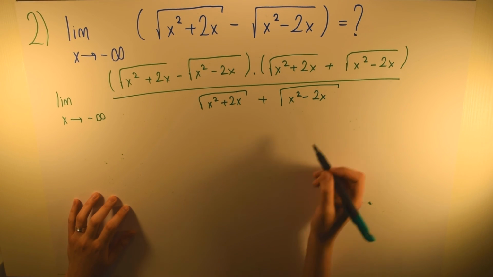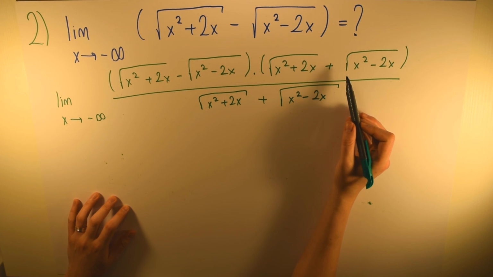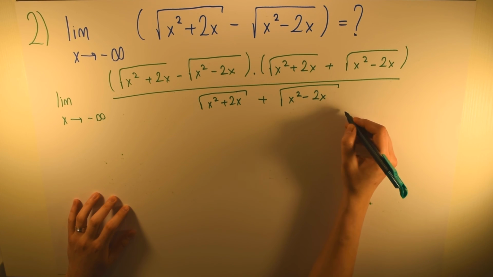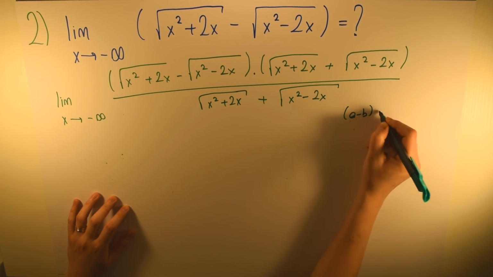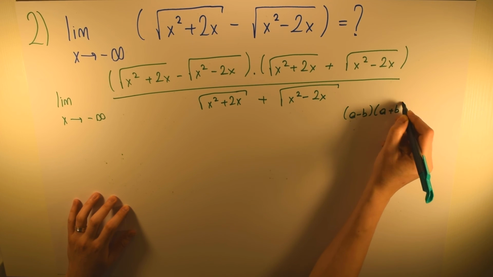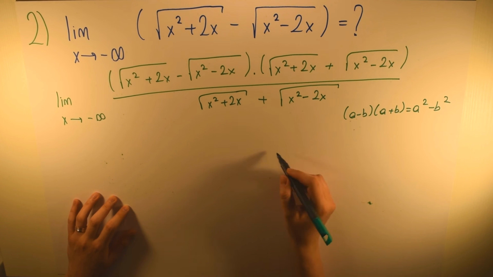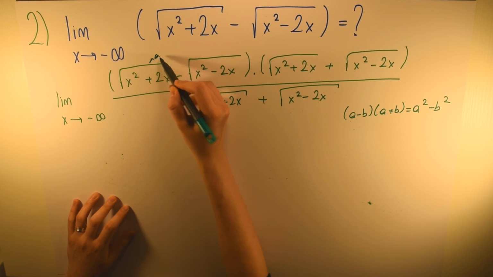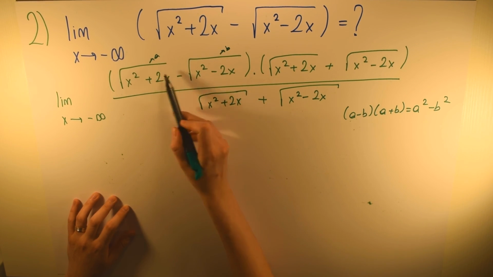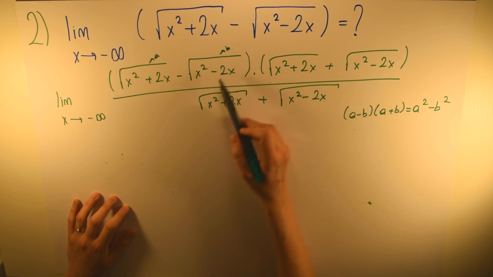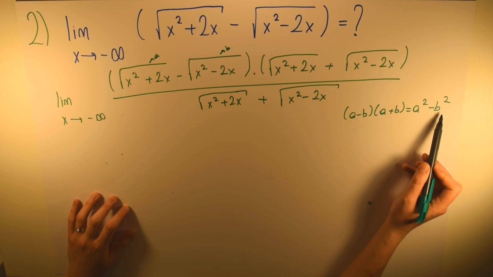In the numerator, as you can see, we have the difference of squares. What was the formula for that? (a minus b) times (a plus b) is equal to a squared minus b squared, right? So here this is our a and this is our b. So I can write this numerator as a squared minus b squared.